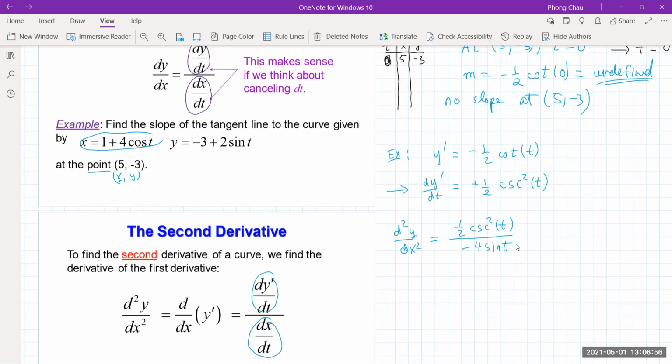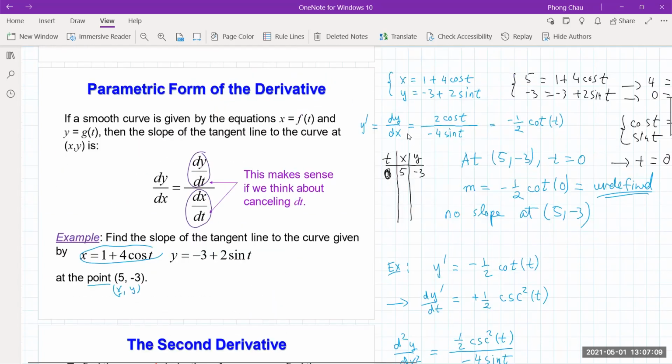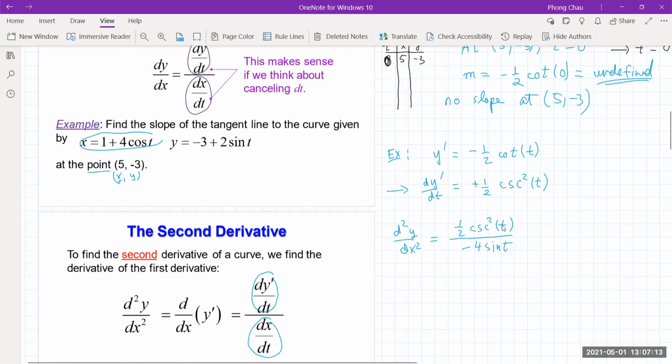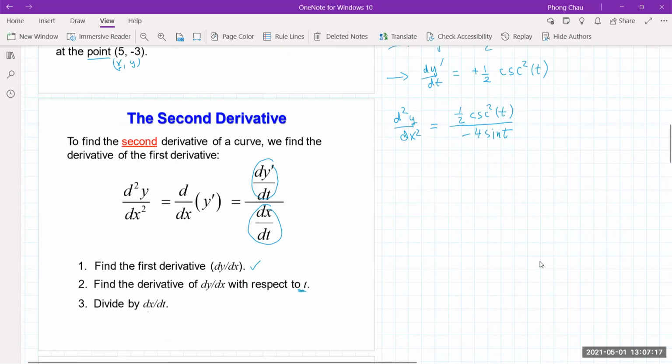That is the second derivative. Okay, so make sure you take the derivative of y prime over the derivative of x. Originally, the first derivative was derivative y over derivative x. Here it's derivative y prime over derivative x.